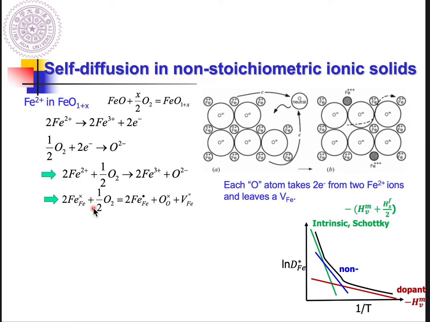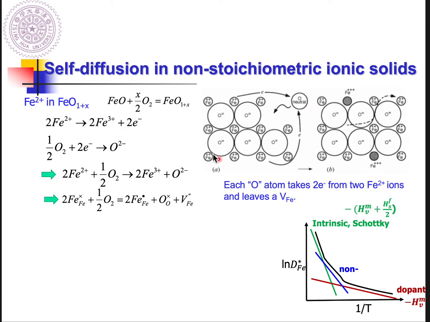But when the iron reacts with oxygen, the iron ions with 3 positive charge are going to occupy the iron site with 2 negative charge. So that becomes 3 minus 2, which is 1 positive. And oxygen here will leave a vacancy at the iron site with 2 negative charge.